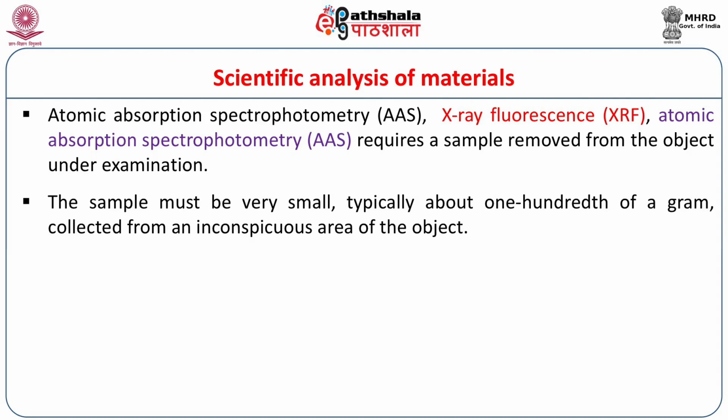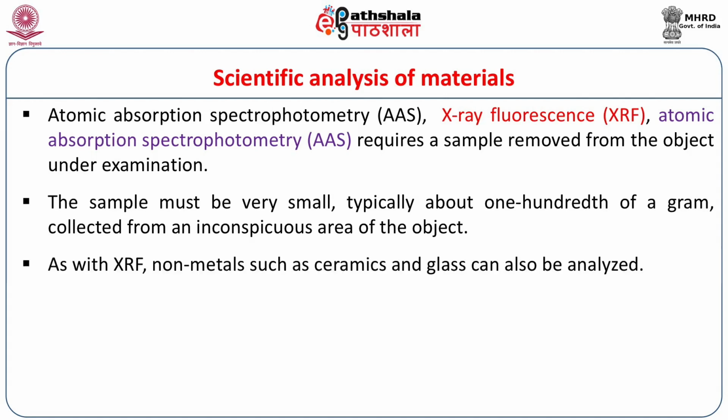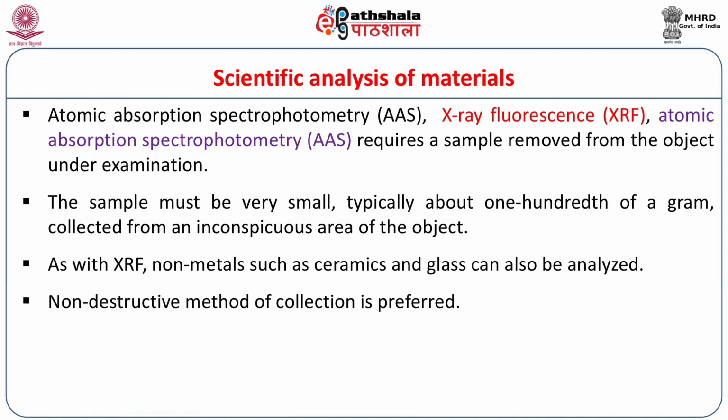This sample must be very small, typically about 1/100th of a gram, collected from an inconspicuous area of the object. The X-ray fluorescence or XRF helps in the analysis of non-metals such as ceramics or glass. The non-destructive method of analysis of the material is preferred in conservation work.